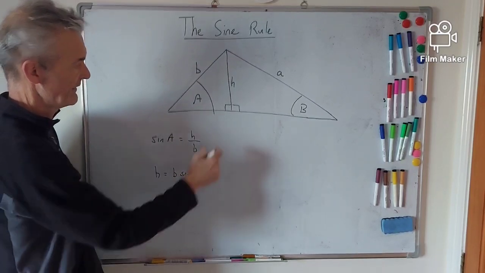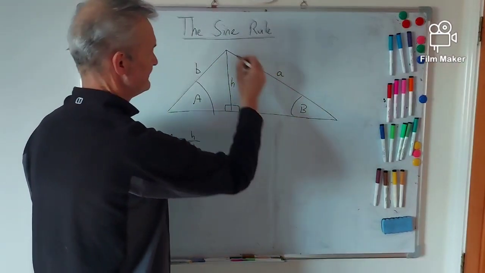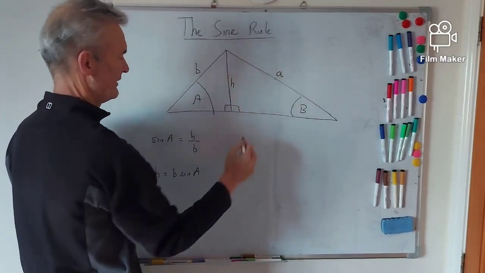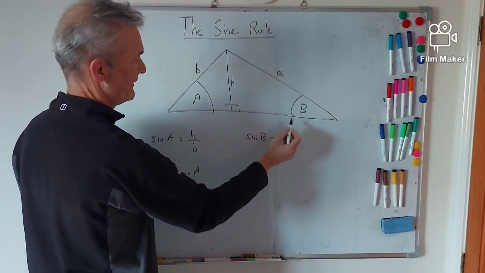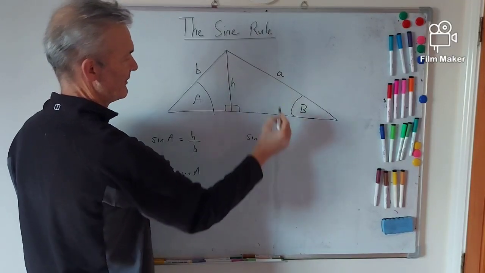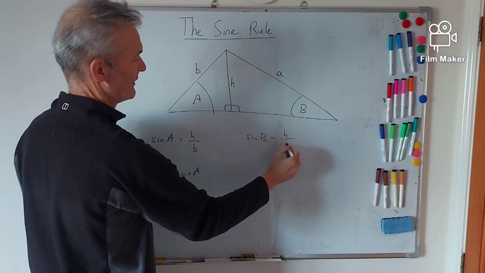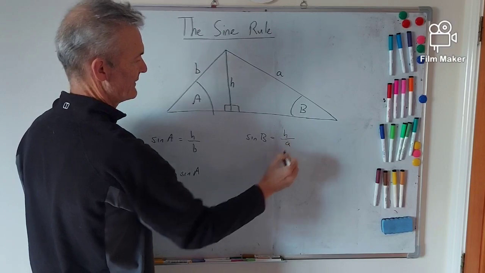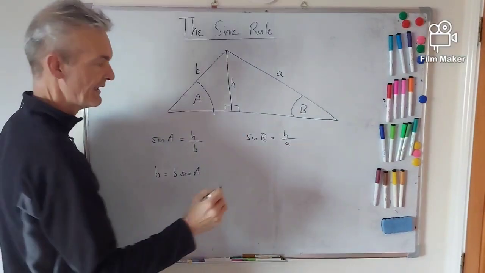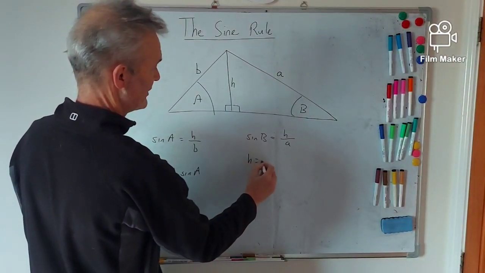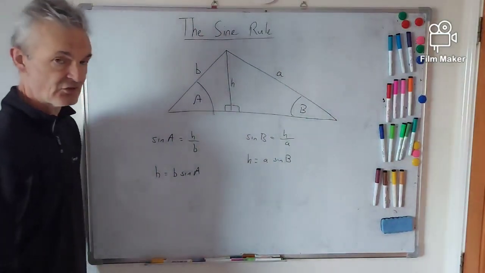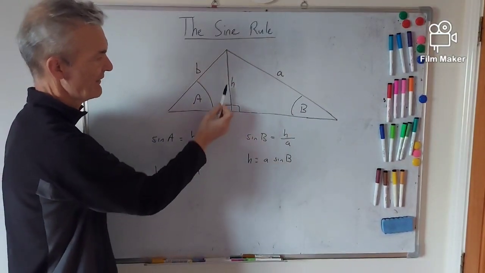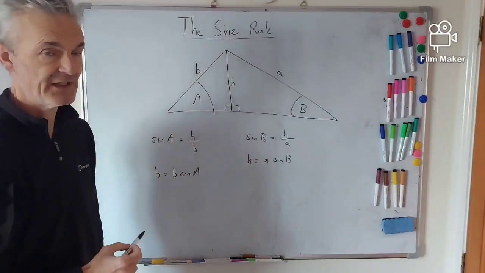Now I'm looking at the other triangle, this one here, and I'm going to say sine B equals opposite over hypotenuse, H over A. Now I'm going to multiply through by A, so that's going to give us H equals A sine B. Now notice the triangle shares H as a common feature.